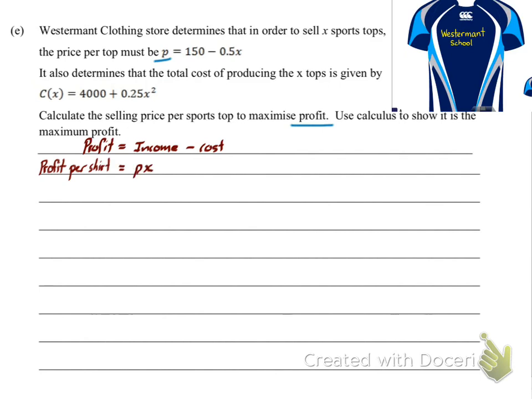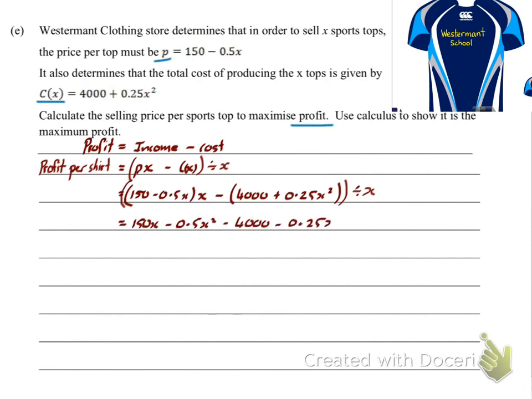Now we are asked for the profit per shirt, so let's do the number of shirts times the price and take away the cost, and then divide it by how many shirts we've got. So there's the number of shirts times the price, and we take away the cost equation, divide it by the number of shirts, and then simplify inside the brackets by expanding it.